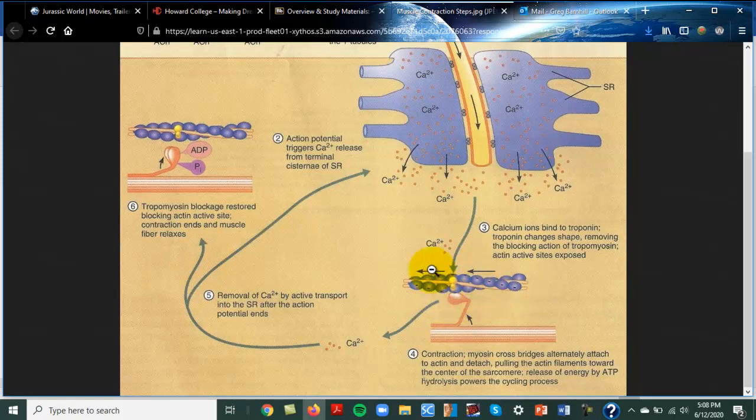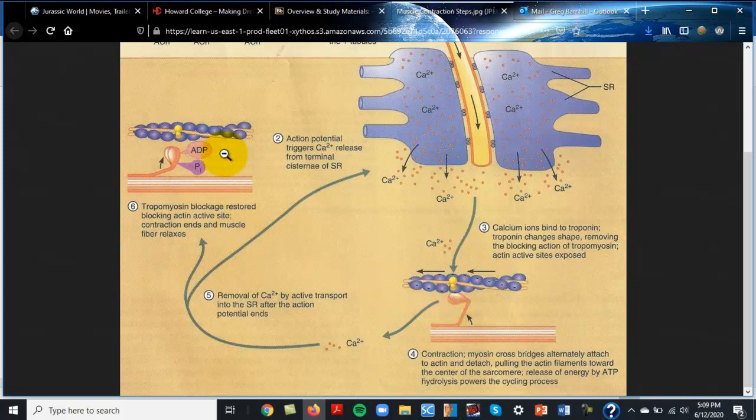So what happens is, once calcium binds here and causes the tropomyosin to be moved over and the little thing grabs and pulls, calcium is pumped back where it came from. Like it says here, removal of calcium by active transport into the SR after the action potential ends. What happens next is ATP stored in muscle binds to that little myosin head, causing it to detach, and then it moves the head back up.